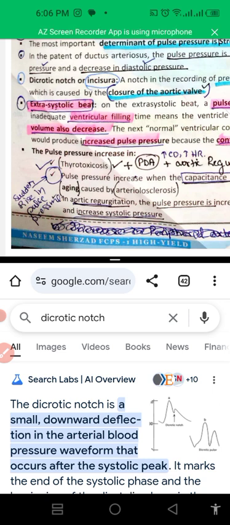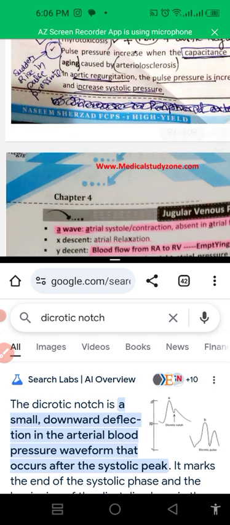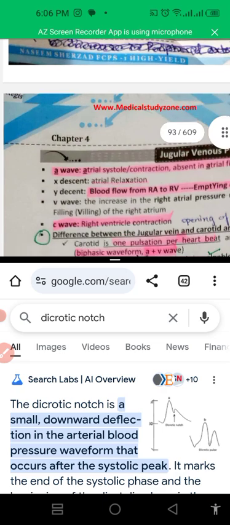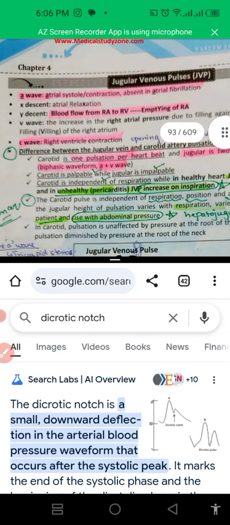With any regurgitation of the aortic valve, pulse pressure increases. Increased systolic pressure results in increased pulse pressure, while pulse pressure decreases in conditions like shock, hypovolemia, cardiogenic shock, MI, constrictive pericarditis, or myopathy.